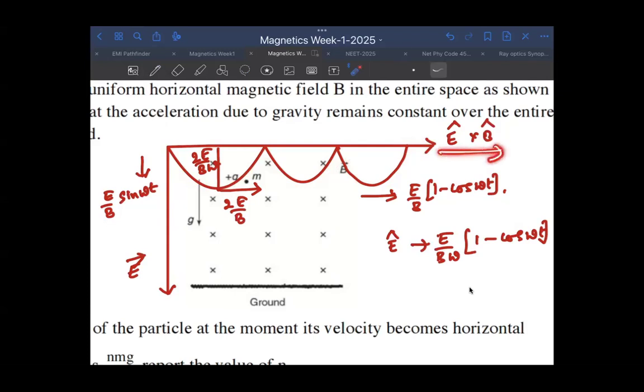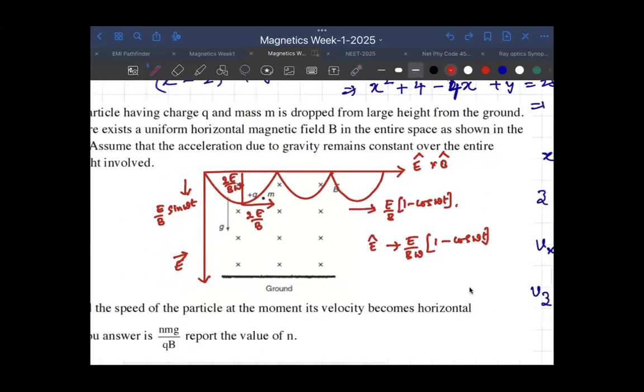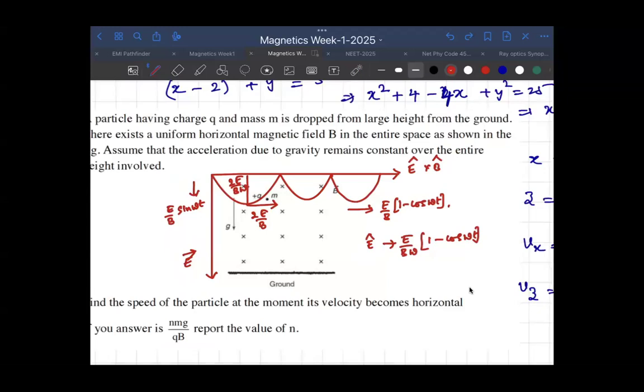Along E bar cross B bar, E by B (1 minus cos omega t). The maximum distance is 2E by B omega. And the maximum velocity in this direction is 2E by B. If you know this, you can handle anything with this arrangement. Any doubt?